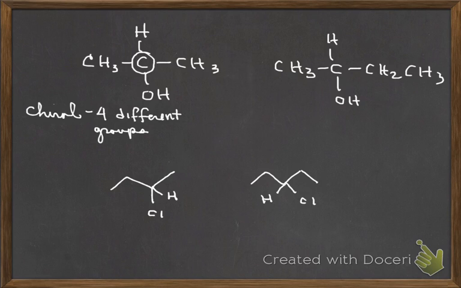I have a hydrogen, and then I have a hydroxide, an OH group, but then I have these groups. You notice they're the same, right? So chiral or achiral? Achiral.